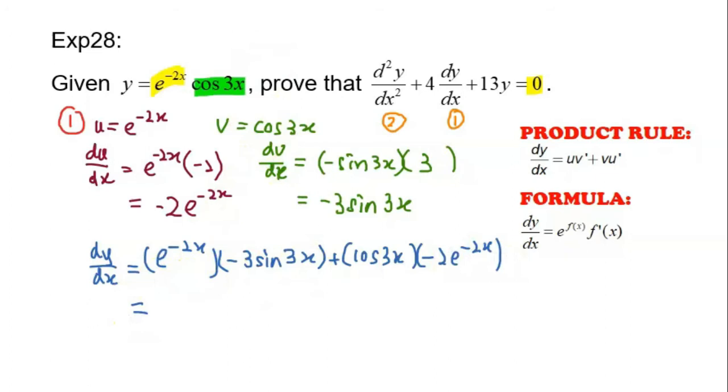Next, we are going to simplify the dy/dx answer by factorizing out the common factor e to the power of negative 2x. Then, we are going to calculate the remaining factor from the front part, and from the back part.